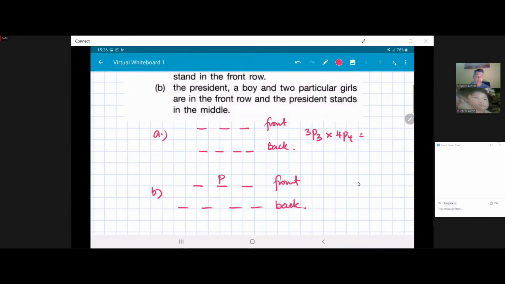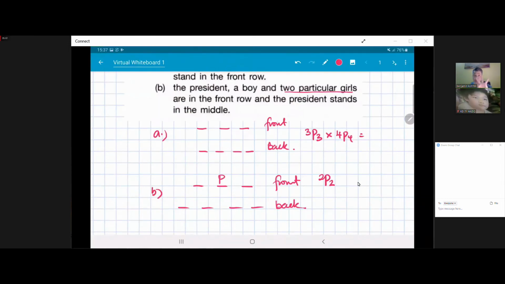It says here 2 particular girls. That means these 2 girls have already been pre-selected, not from the 3. Because we have 2 girls pre-selected and 2 empty spaces, the front will be 2P2, not 3P2, because the word here is 2 particular girls.